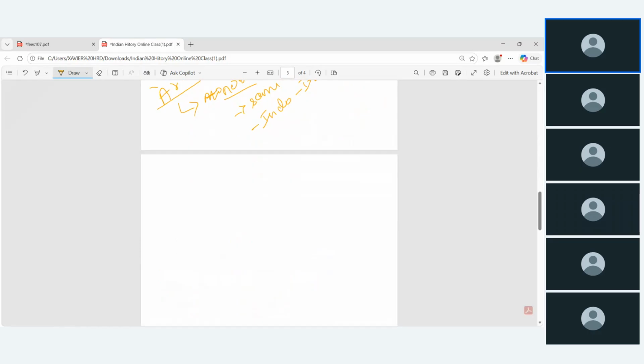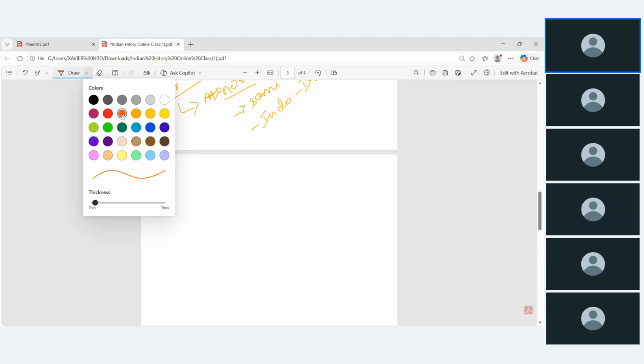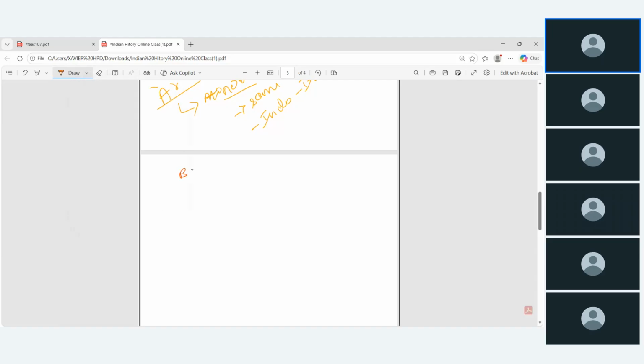They did not discuss much, but only simple concepts have been given in this chapter. Buddhism. So எதனால the religion appeared?